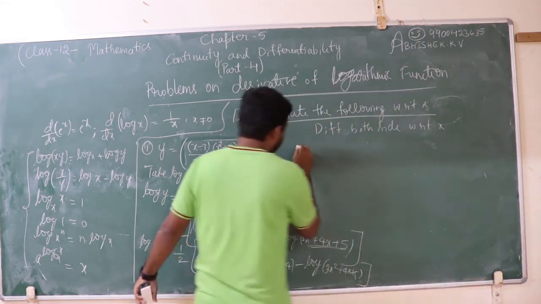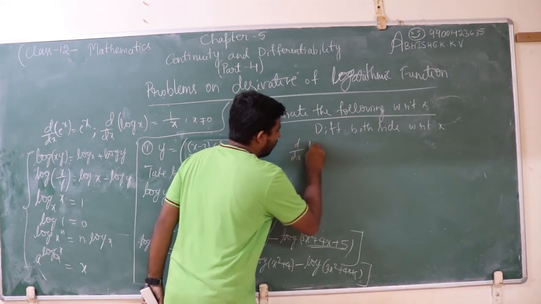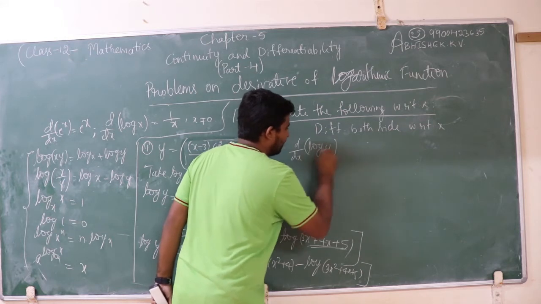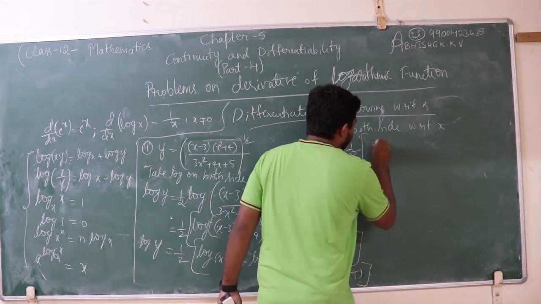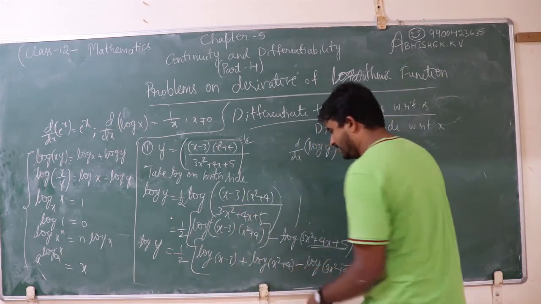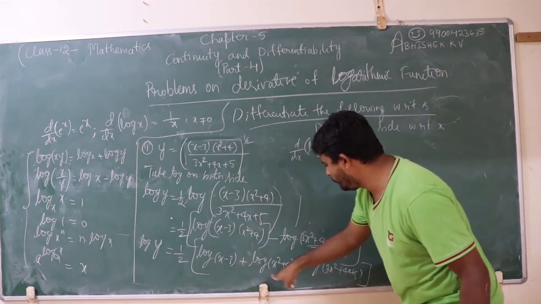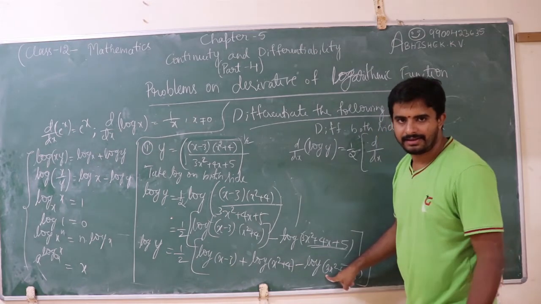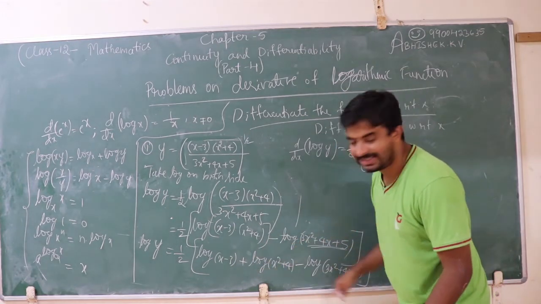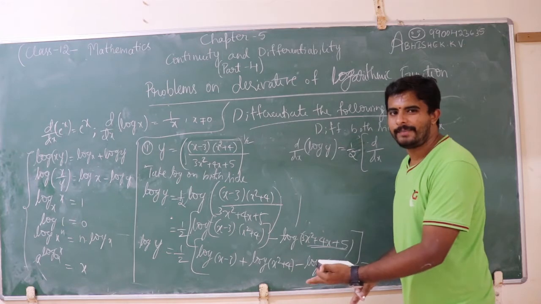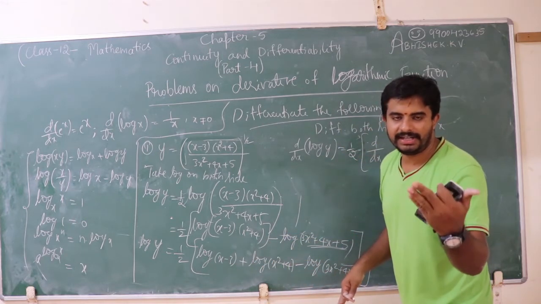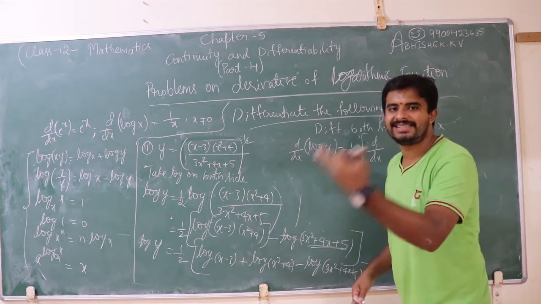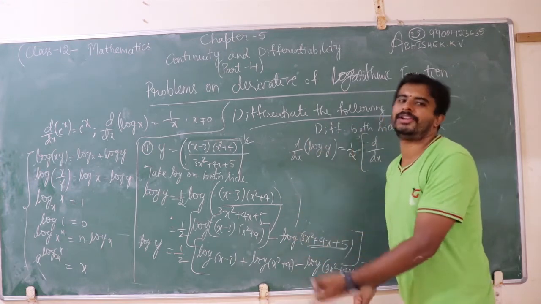Then d by dx of log y is equal to 1 by 2, which is a constant, take outside. D by dx of u plus v plus z. If I consider these three functions as x, y, z, the derivative of x plus y plus z is derivative of x plus derivative of y plus derivative of z.